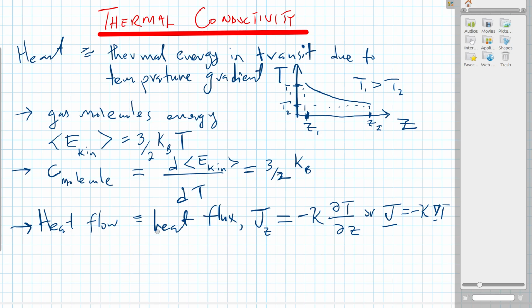Definition of flux, we have discussed flux a lot of the time, and the constant kappa is what we call thermal conductivity.